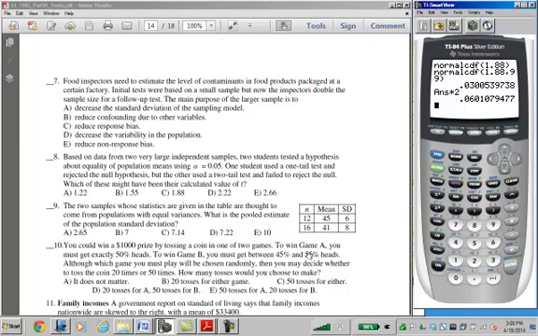So to win game B, you want to throw as many times as possible to make the smallest possible standard error, to make the smallest possible confidence interval, which means your chances of getting between 45 and 55 are going to be greater and greater.